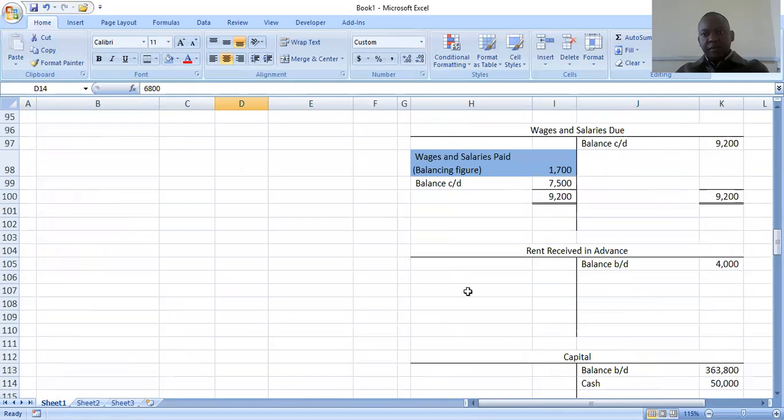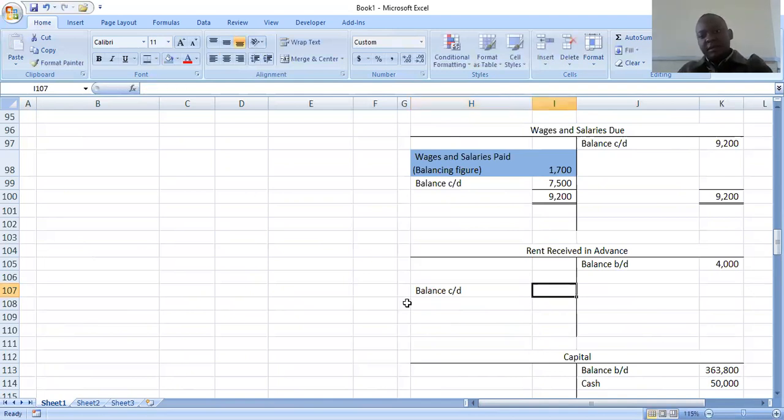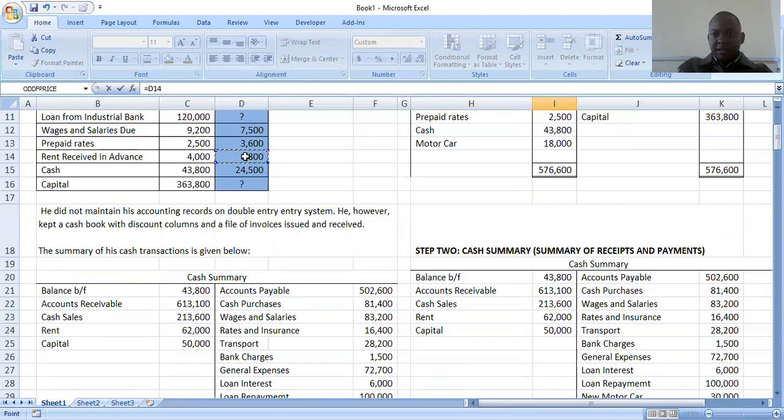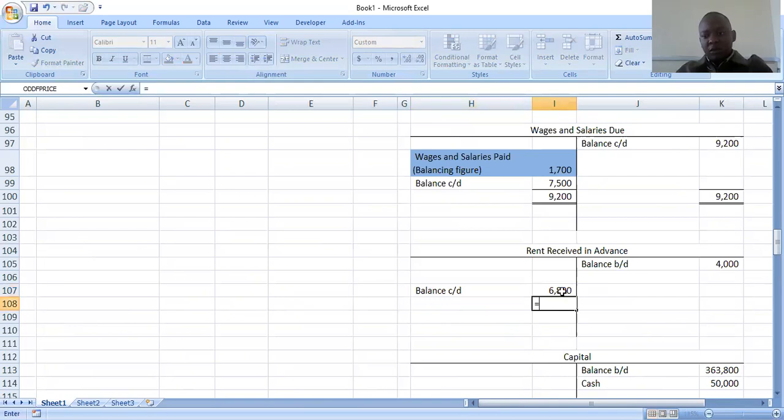Here. Being a credit balance, the balance should be on the credit side. Balance carried down, on the credit side, is equal to 6,800.